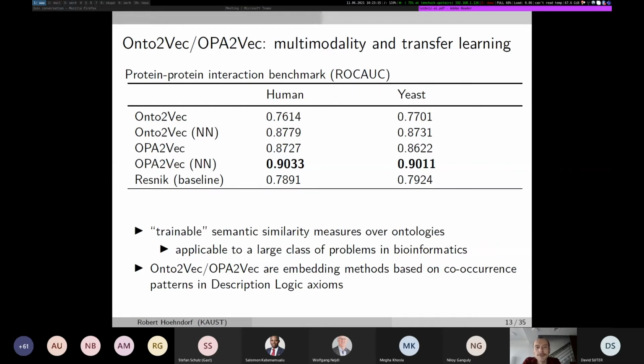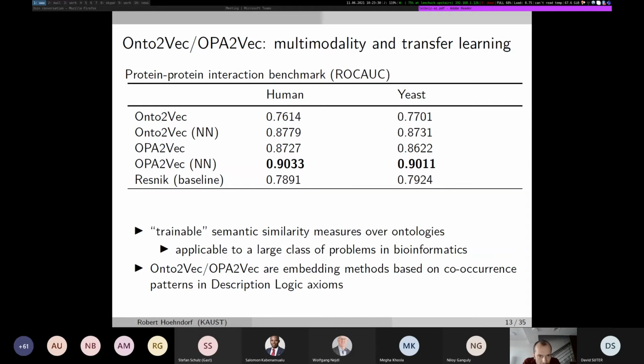And then we could also train this using some instances. So this is a kind of similarity learning where this method becomes a kind of trainable semantic similarity measure over the ontologies. And this would improve it even further.